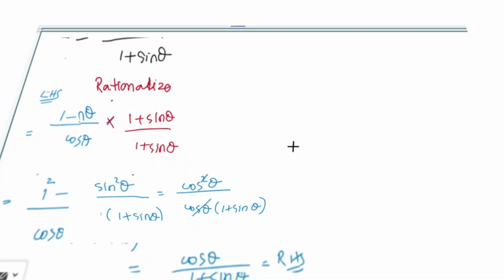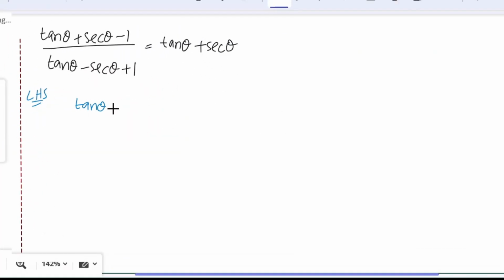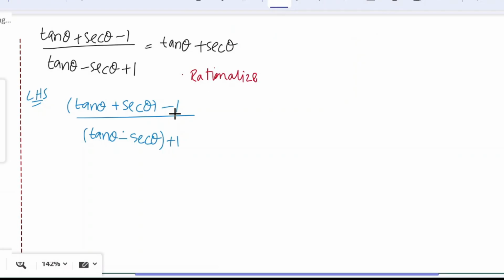In this question, the left hand side is in the form of a fraction having tan and secant, so we can take the left hand side first and try to prove it to the right hand side. So here I will combine tan theta plus secant theta and try to rationalize, but we will take the rationalization of the numerator term. The numerator term is tan theta plus secant theta minus 1.